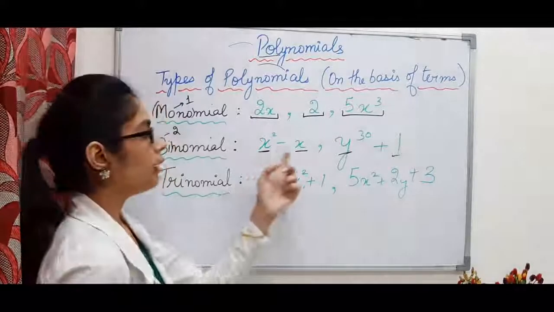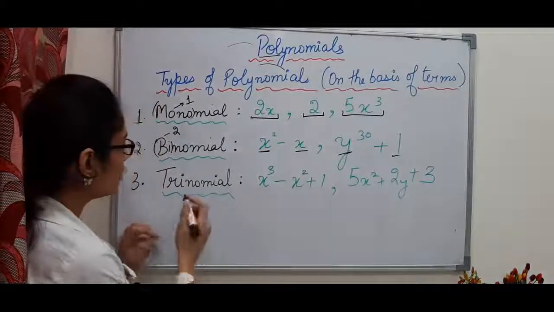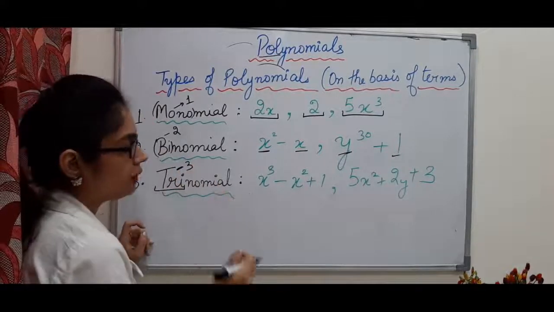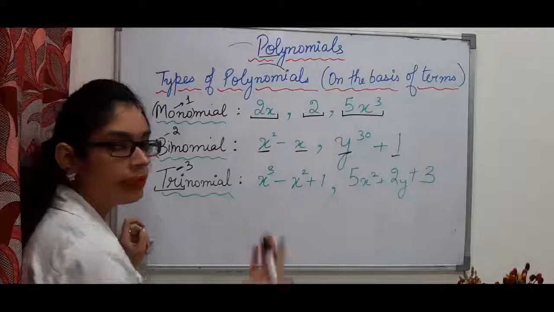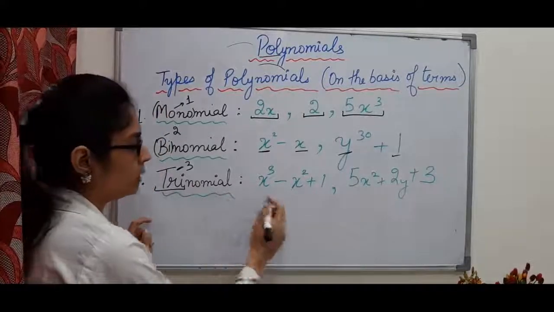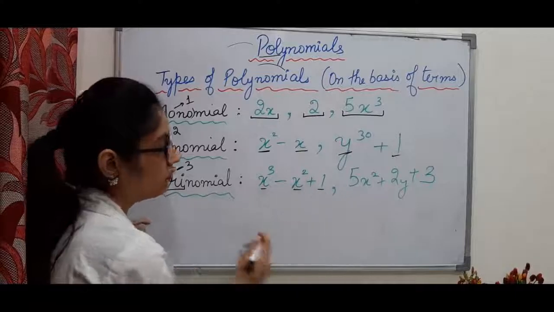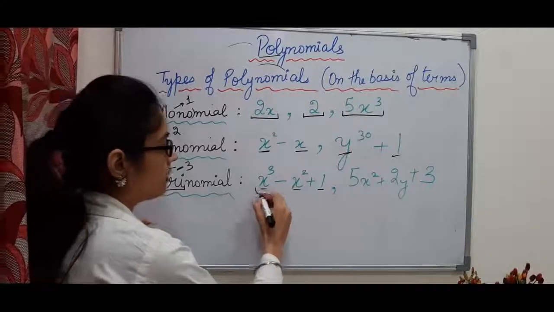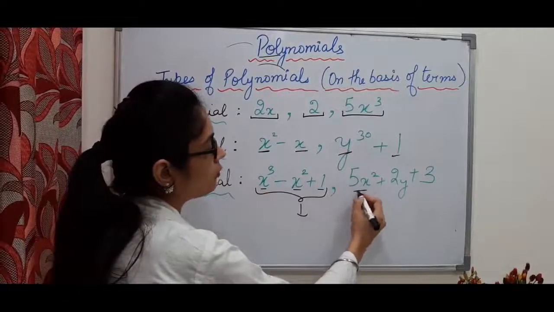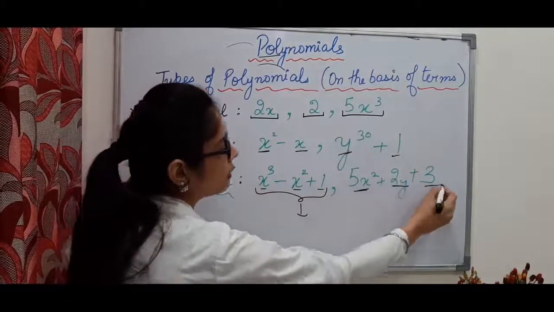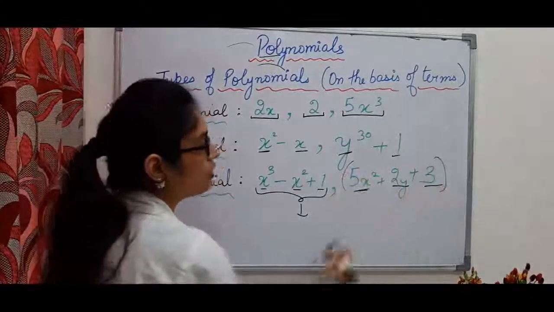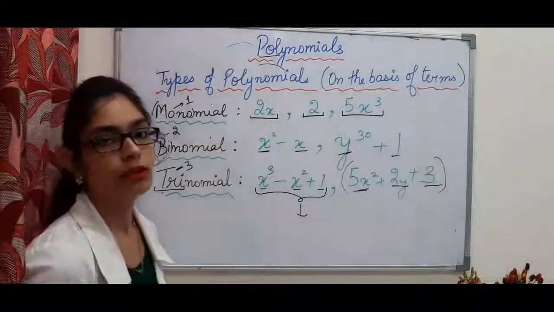Because now it has more than one term, it is a polynomial and it is classified as binomial. Now the third one, tri. Tri means 3, which means whenever there are 3 terms in a polynomial, it is known as trinomial. See, 1, 2 and 3, 3 terms are there in this expression. So this is trinomial. Same here also, you can see 5x square, 2y and 3. 3 terms are there in this expression, due to which it is considered as trinomial.